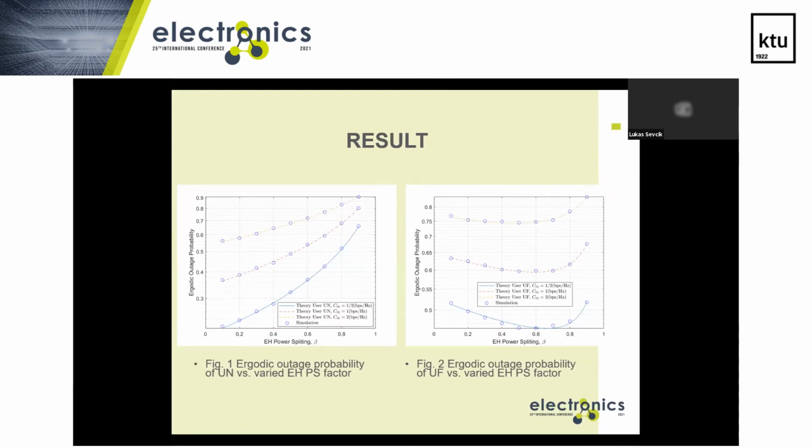And now I would like to present some of our results on the figure. On the figure you can see figure 1 and figure 2, which illustrate the ergodic outage probability of user near on the left side and user far on the right side.